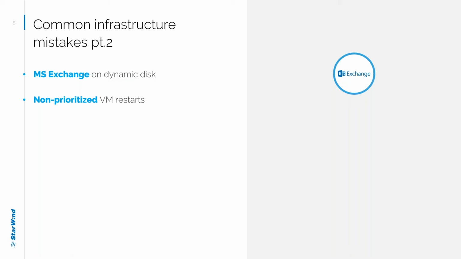And if you haven't prioritized the restart order, it may happen that you will have to wait quite a time before your critical VMs come back online, as HA may be busy restarting non-critical VMs first. So yeah, prioritize your virtual machines. Okay, moving forward.